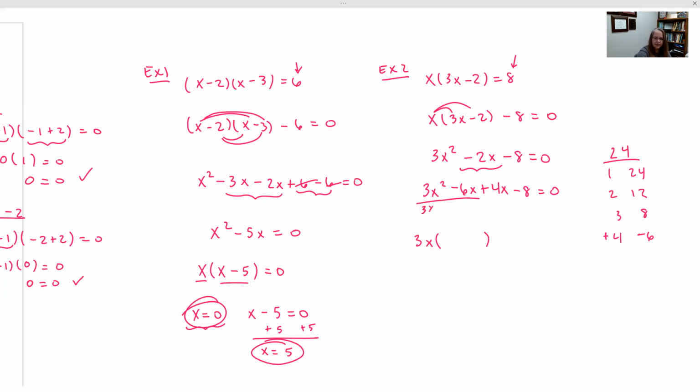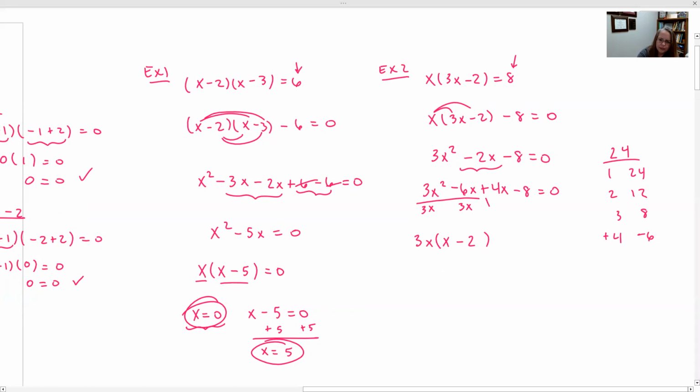I'm dividing each one of those terms by that greatest common factor to write what's left in here. So 3x squared divided by 3x is just x. And then negative 6x divided by 3x is negative 2. And then I bring that sign down.